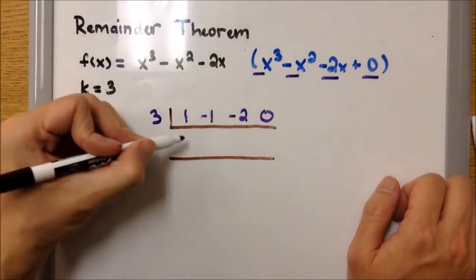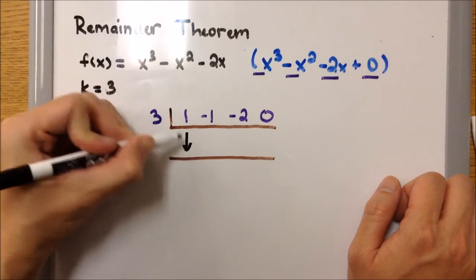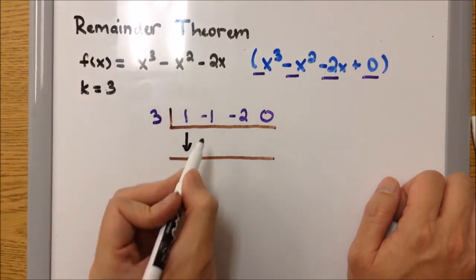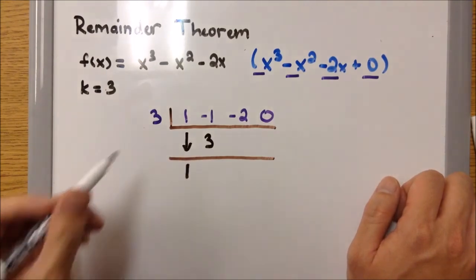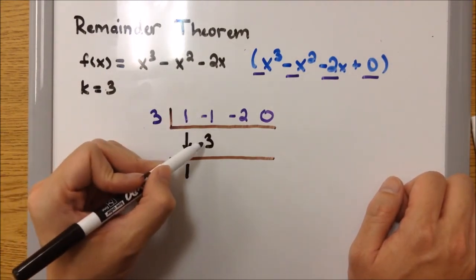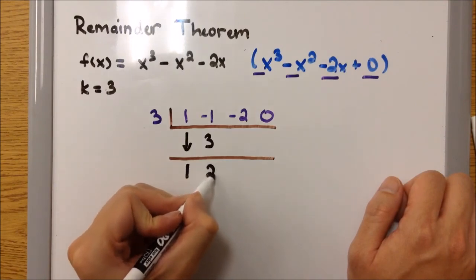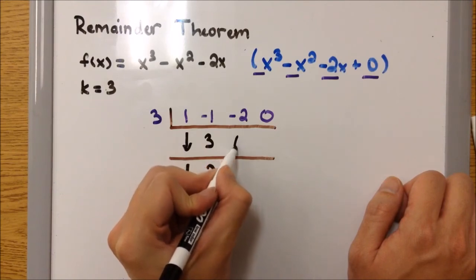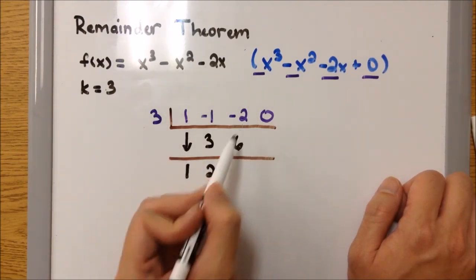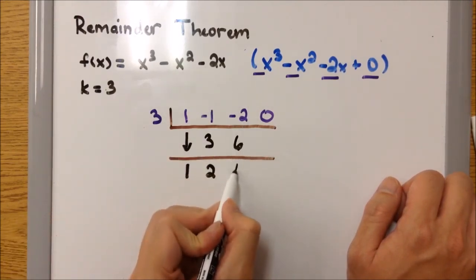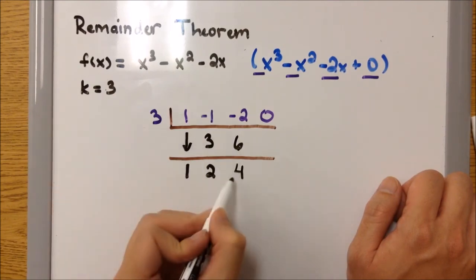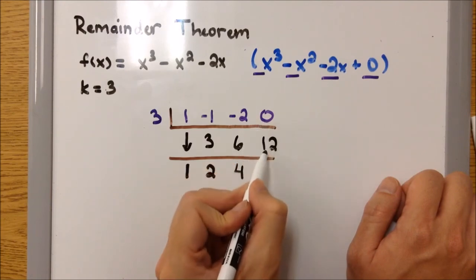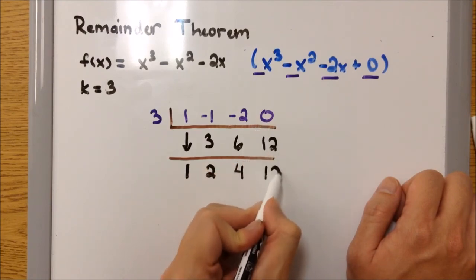First step is you bring down the first number, so 1. So 3 times 1 is just 3. And then negative 1 plus that 3 is just 2. So 3 times 2 is 6. So negative 2 plus 6 is just 4. And then 3 times 4 is 12. And then 0 plus that 12 is just 12.